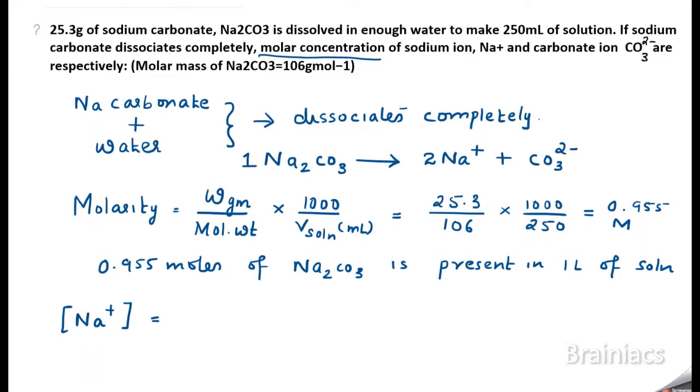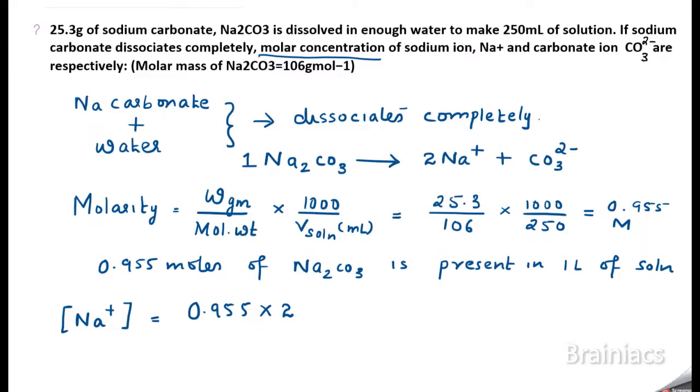But I know that 1 mole Na2CO3 on decomposition will give 2 Na+. So we have 0.955 Na2CO3, and each mole of Na2CO3 will give 2 Na+. So the molar concentration of Na+ will be equal to 0.955 into 2, because 1 mole will give 2 Na+.